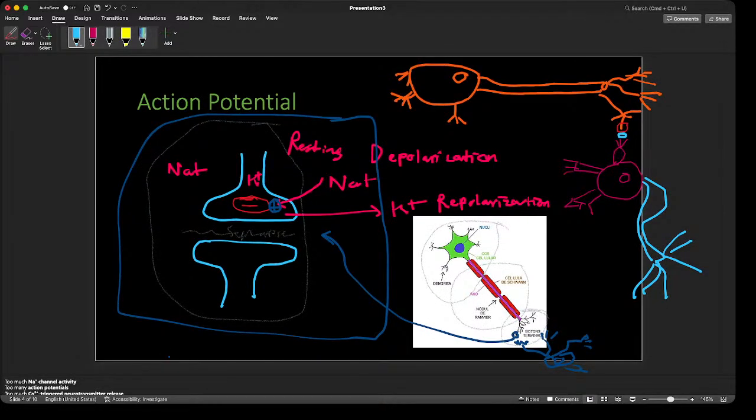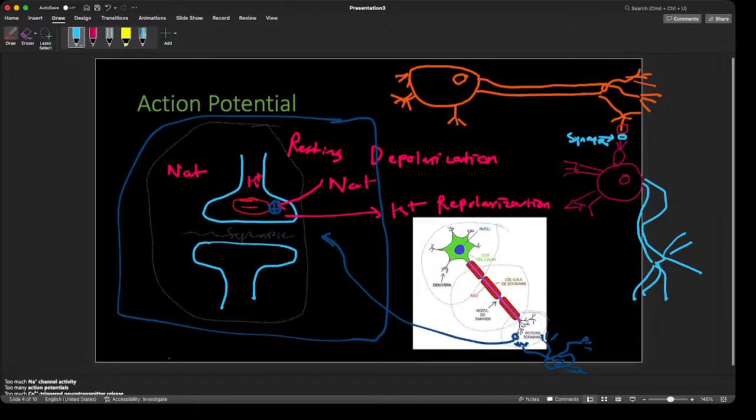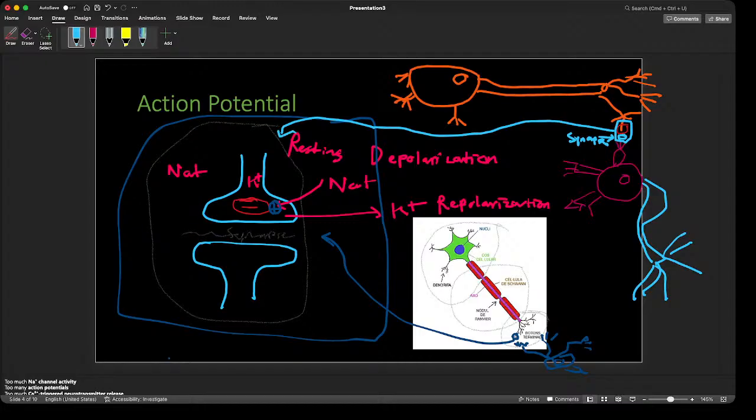So this is basically your synapse, an enlarged figure of that connection between the dendrite of one neuron and the axon terminal of the other neuron.